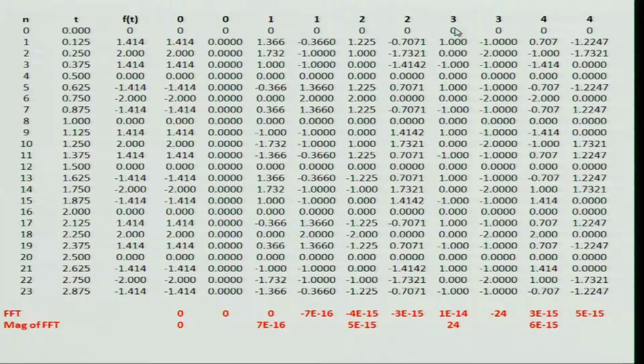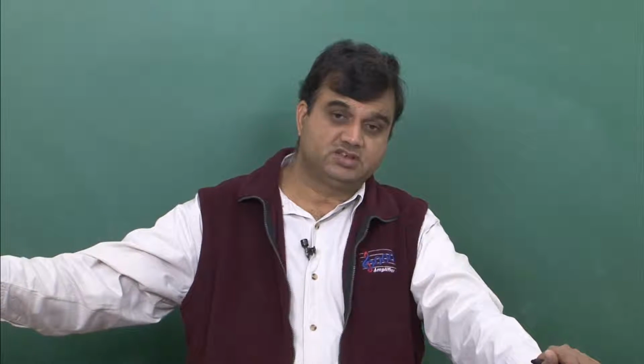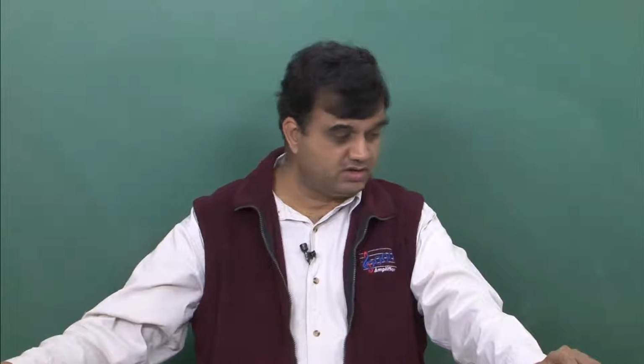But for the Fourier component when k was 3, the value of X k is 0 minus 24i and the magnitude of it is 24. And then for the fourth component, X 4, it is again 0 plus 0, and we can keep on doing this mathematics till we get X k when k is equal to 23 in our case.